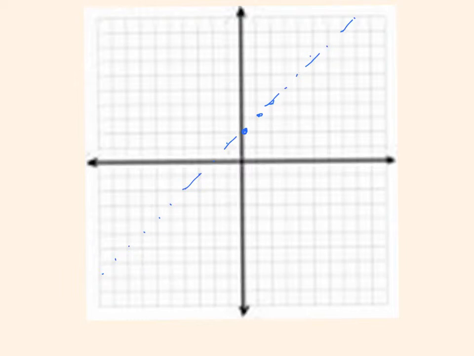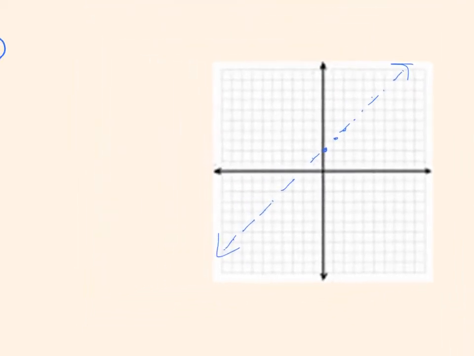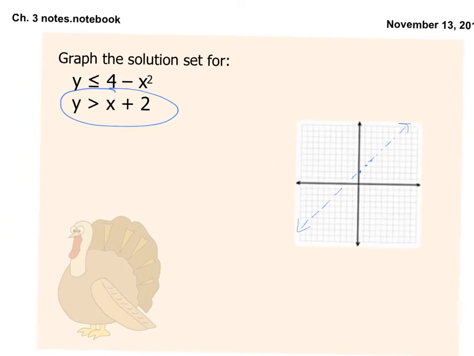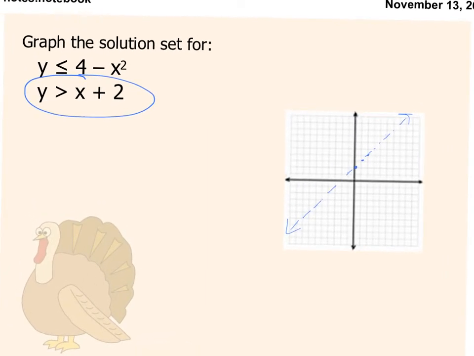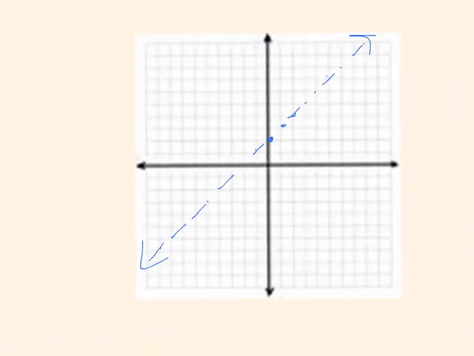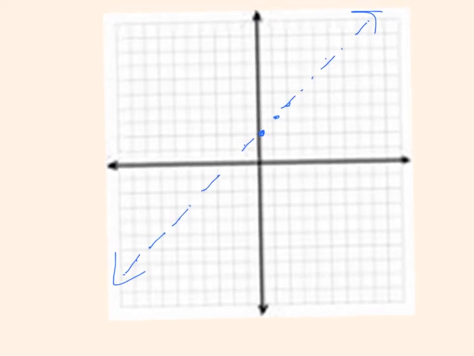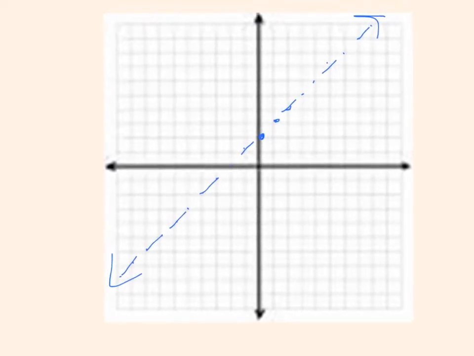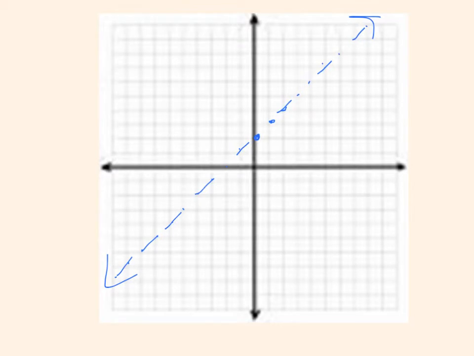Strictly greater than, which means I'm not including the points that are on that line as solutions. So I mark it with a dashed line. If I were just doing this one, I would shade this side. I'd shade above it.